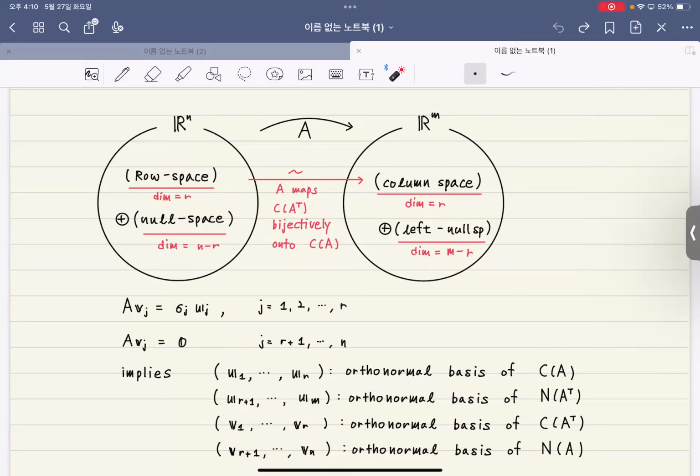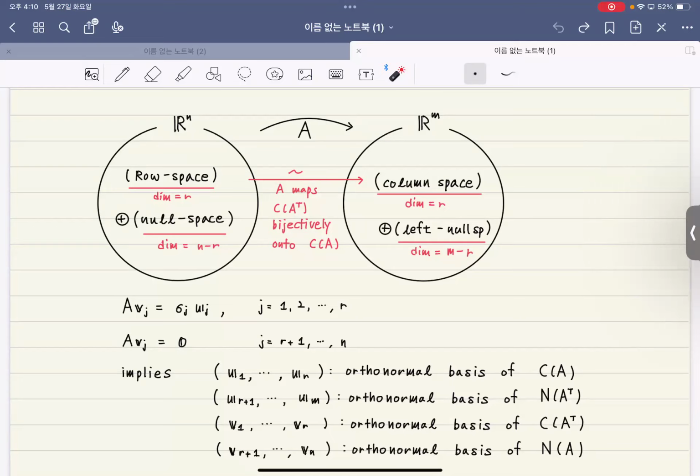So, well, the whole point of the singular value decomposition is finding the nice basis of the domain and codomain. The algorithm of the singular value decomposition will give you the basis vectors of the domain and codomain, and they enjoy very nice properties. First, they are orthonormal bases, right?